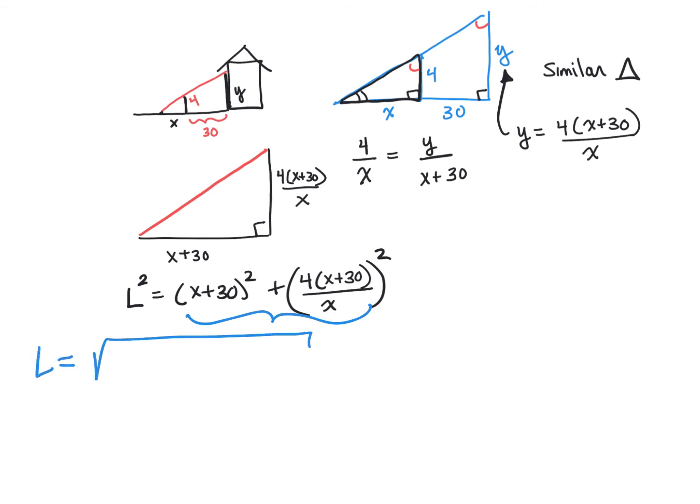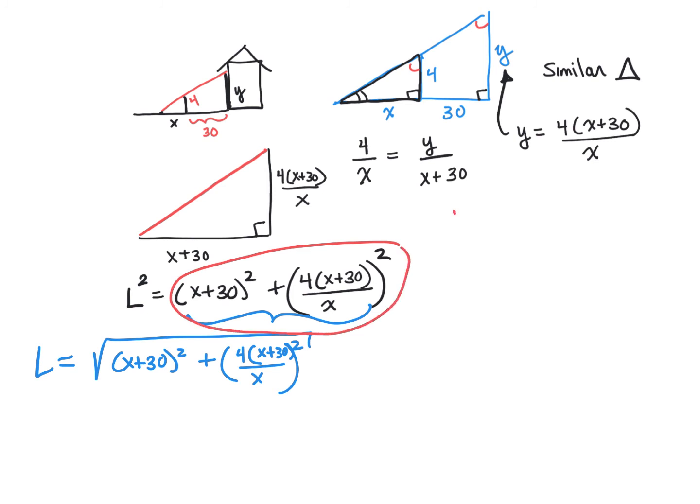This is the length of the ladder. 4 times x plus 30 over x quantity squared. This is the length of the ladder here in blue. But what we ended up doing is taking that out of the radical and just having this radicand. And I think we called it L star or D star.